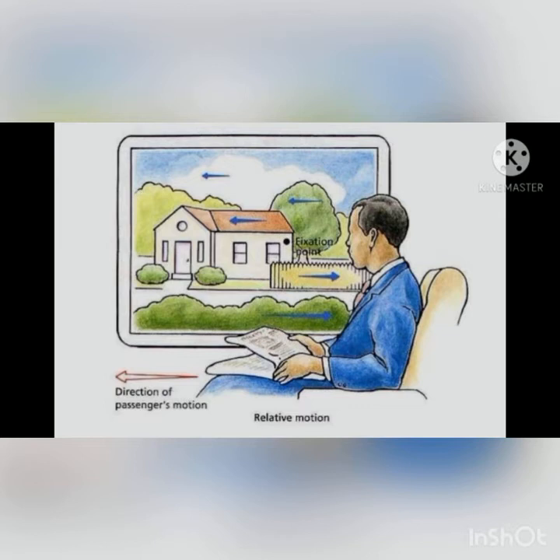If an object is seen by an observer to change its place continuously, then the object is said to be in motion. Understood, children? Now, change of place of an object is called displacement. If any object changes its place from one place to another, then that particular movement is called displacement.